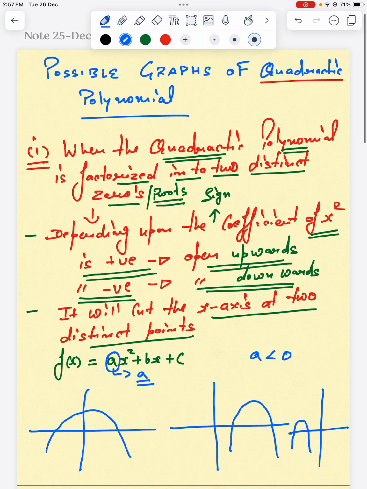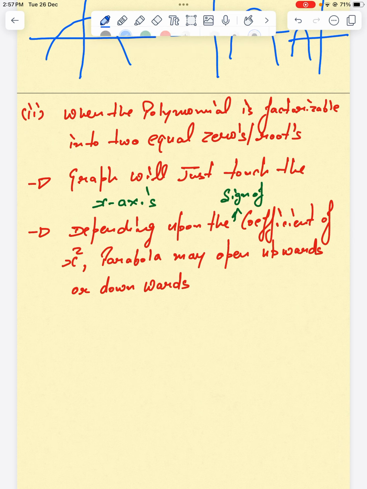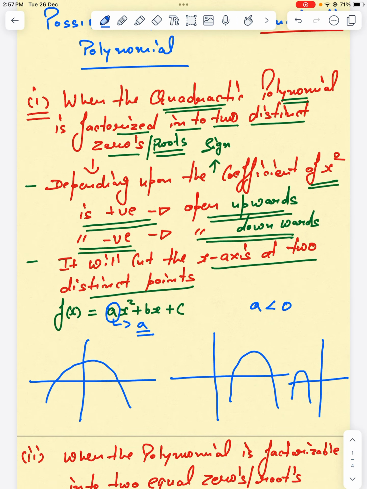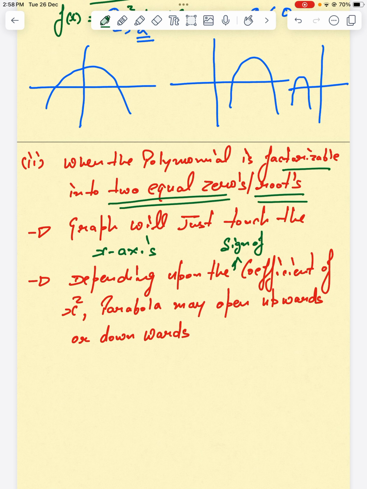We move on to our next case. Our first case was when the quadratic polynomial has two distinct roots, and the second case is when the quadratic polynomial has two equal roots or two equal zeros. In this case, the graph of the polynomial will just touch the x-axis. It may open upwards or downwards, depending upon the sign of the coefficient of x square, that is a.